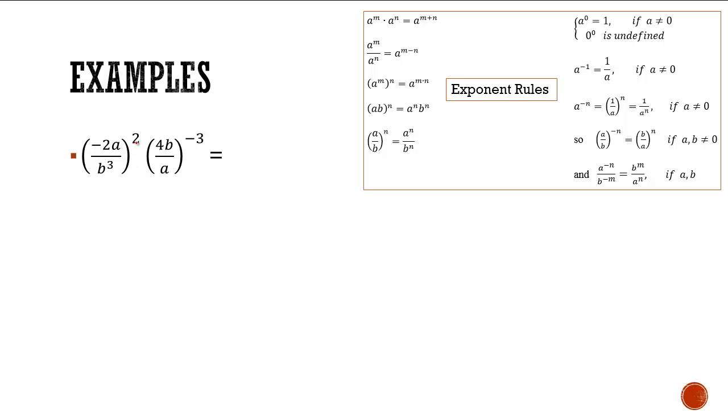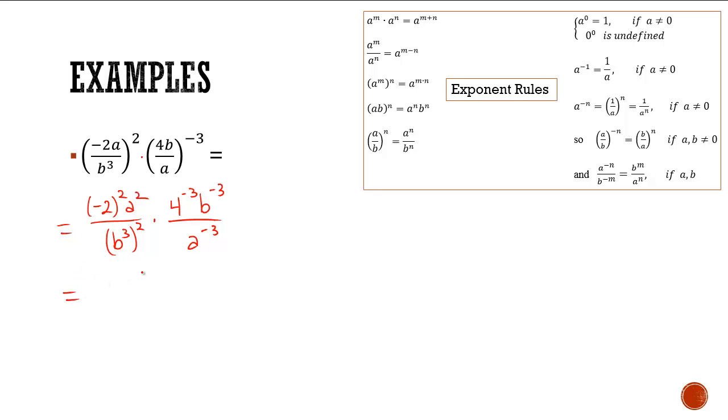This next example, the square is applying to everything in this bracket, and the negative third power is applying to everything in this bracket. So we could apply those first. Negative 2 squared, a squared over b cubed squared. There's the times, 4 to the power of negative 3, b to the power of negative 3, a to the power of negative 3.